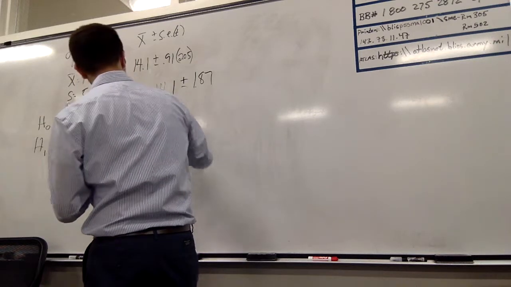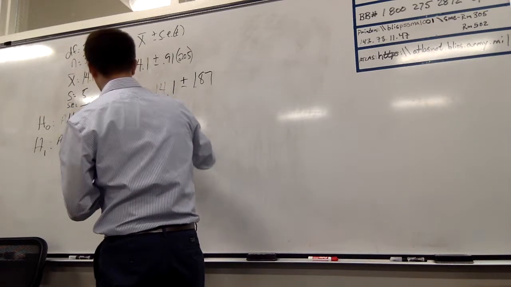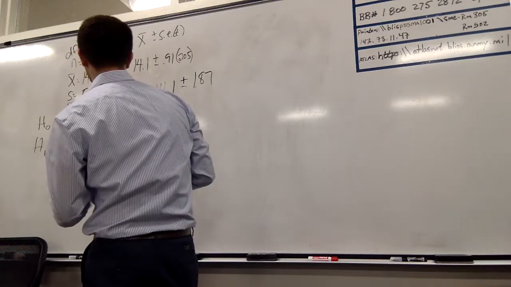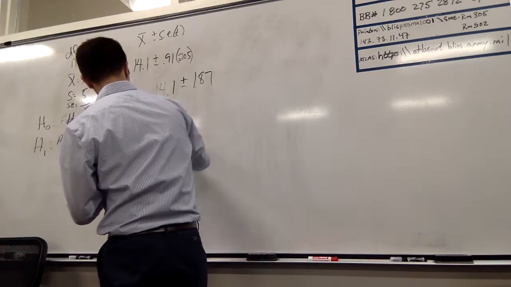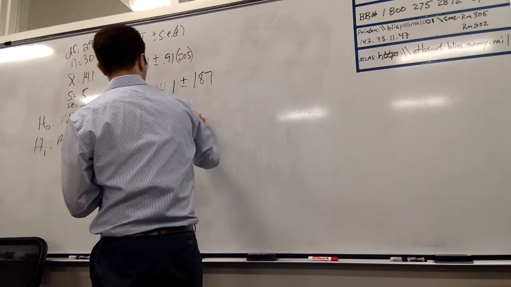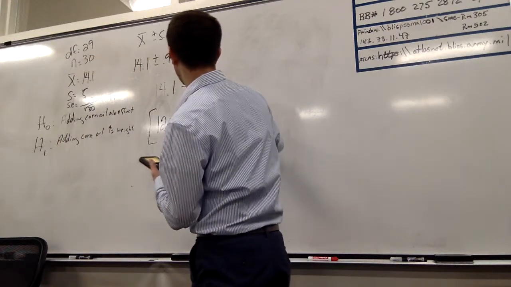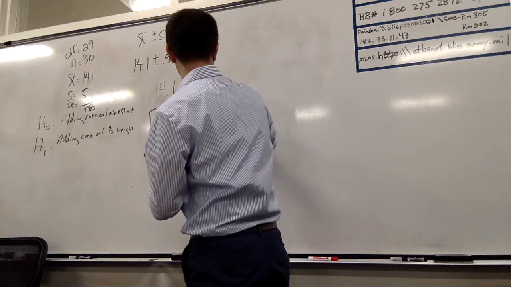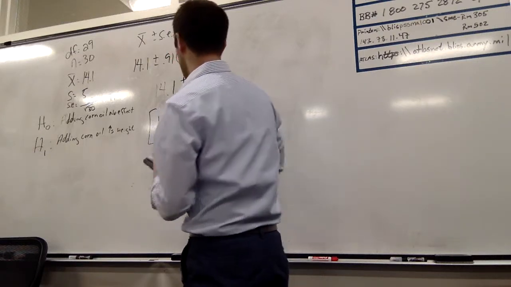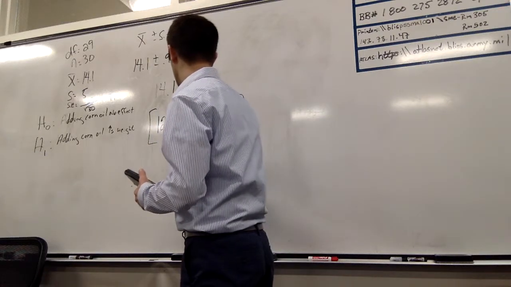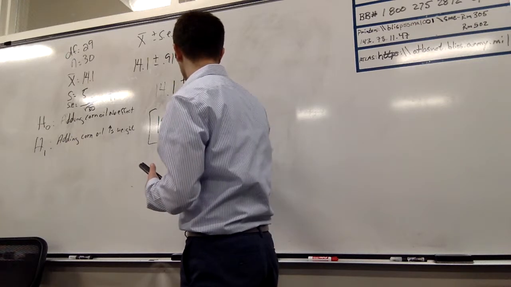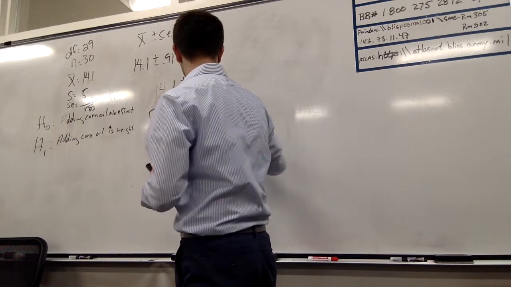And you're going to be 95% confident that the cattle gains between 12.23 and 15.97 pounds. So this is the 95% confidence interval.